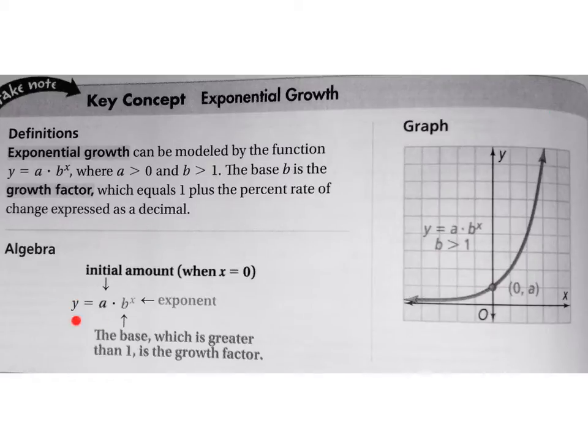Its equation is represented by this formula right here. The difference between exponential growth and decay is what they call the growth factor. And for growth, you do 1 plus the percent rate. Okay? 1 plus the percent rate. In exponential decay, I'll show you later.